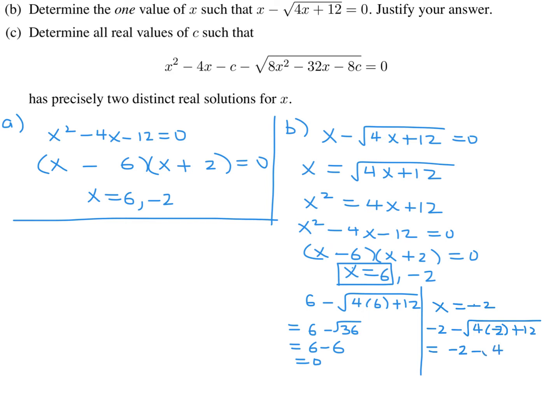So that's going to be minus 2, which is negative 4. Interesting. So that is not equal to 0, right? Because it has to equal 0. So that means the only valid solution, the one value of x that they want you to figure out, is x equals 6. So that's it.